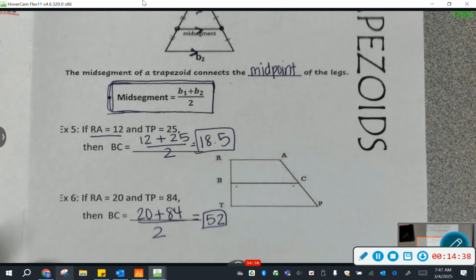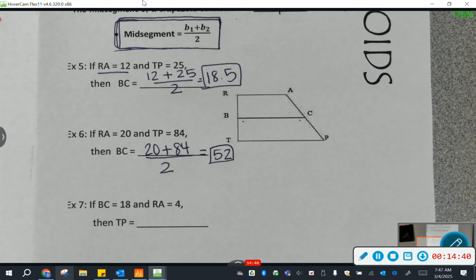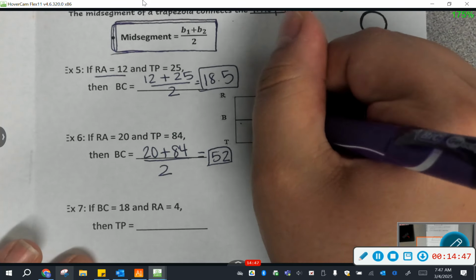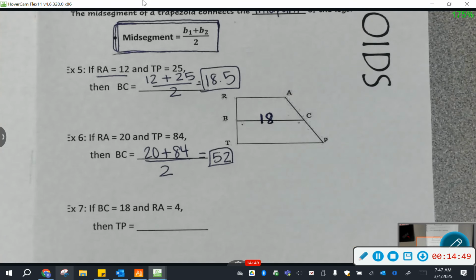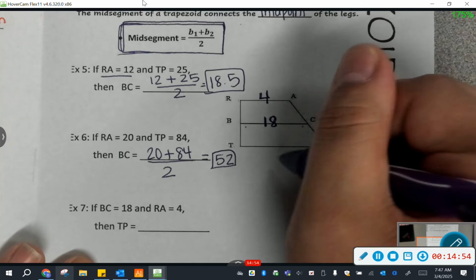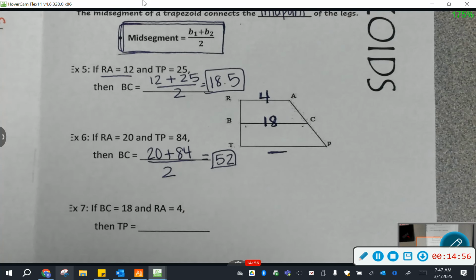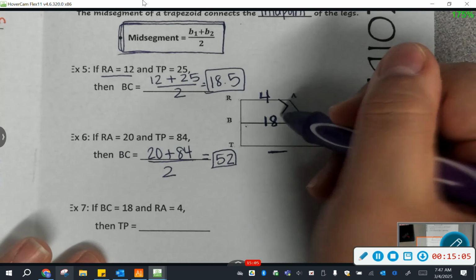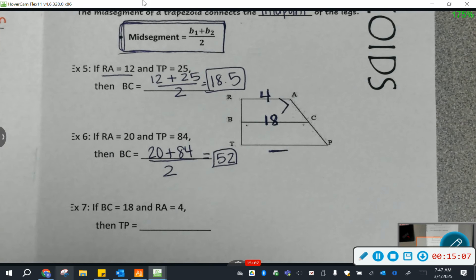Now, I need you to look, everybody look up at the last one. What is different about the last one? It gives you the middle. It gives you the top. It wants you to find the bottom. If I give you the middle, look up, how much does it take to get to the middle?